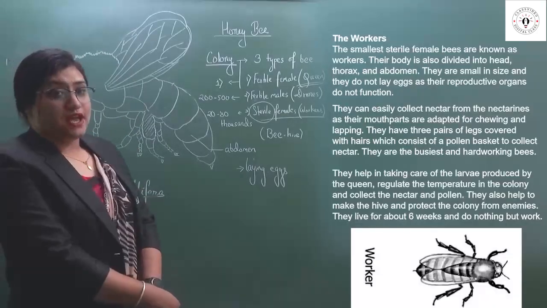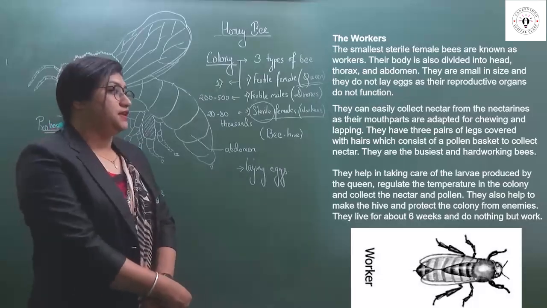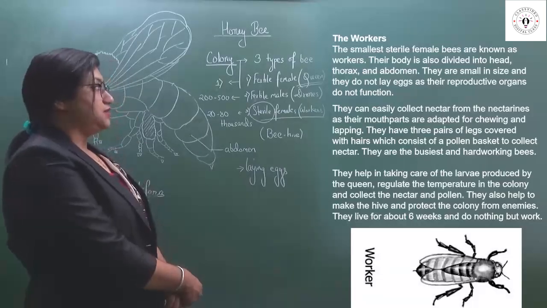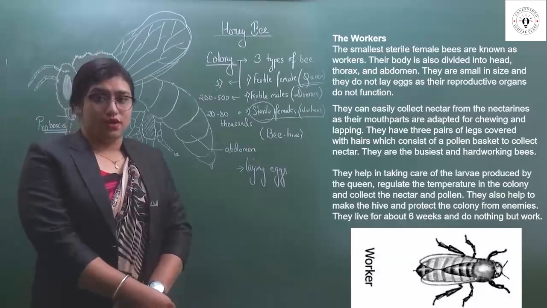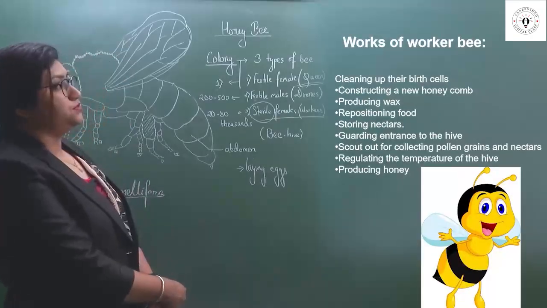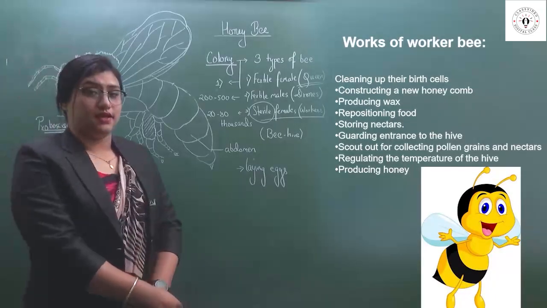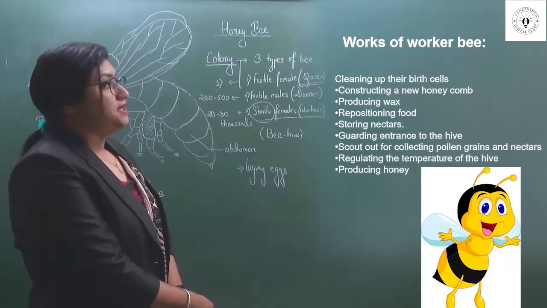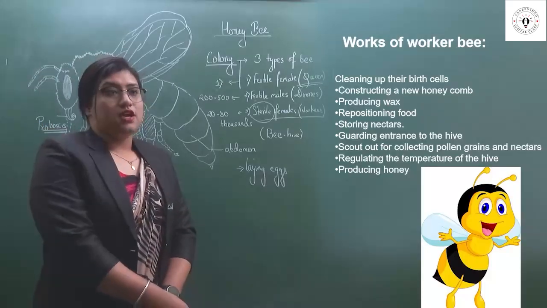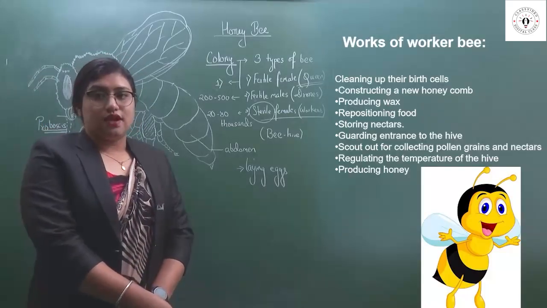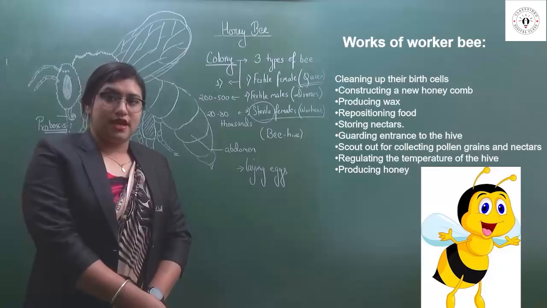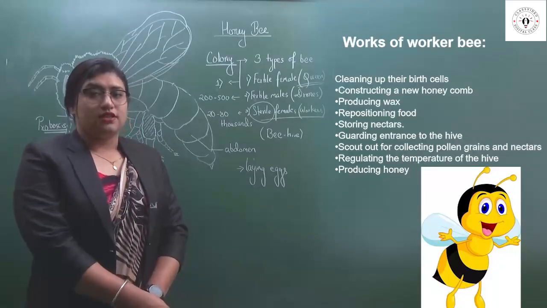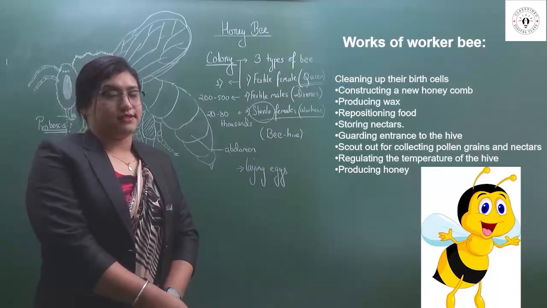Next, the lifespan of the worker bee is about 6 weeks, and they do nothing but work. Let's go to the works of the worker bee again. Number 1, cleaning up their birth cell. After the eggs turn into larva, pupa and adult, once they become adult, they firstly clean their own birth cells.